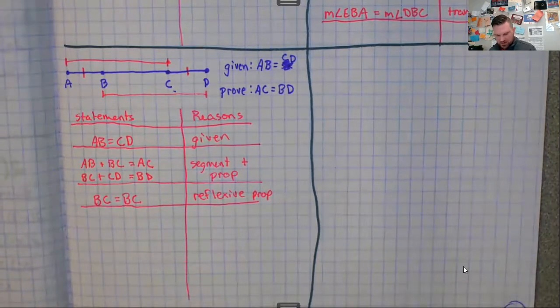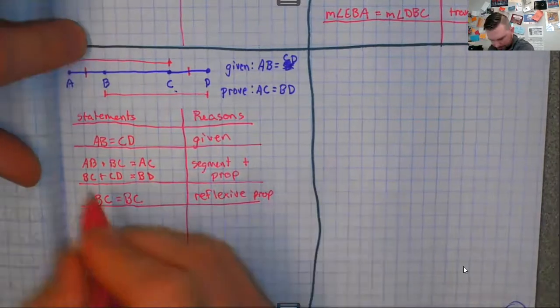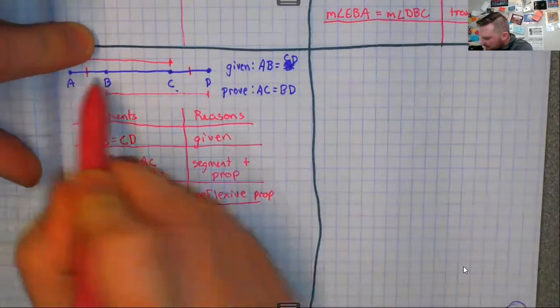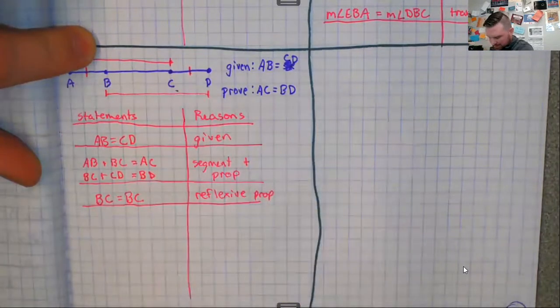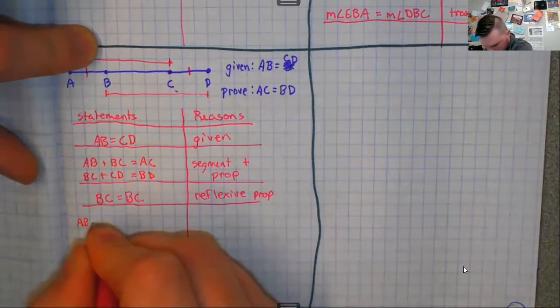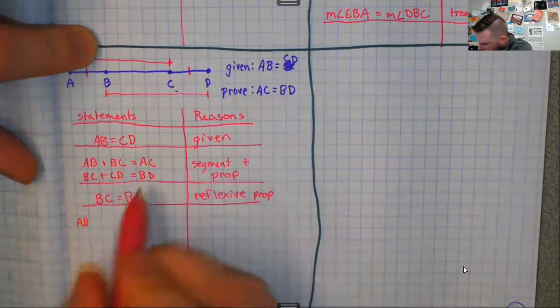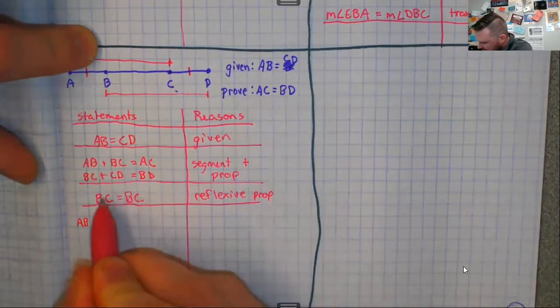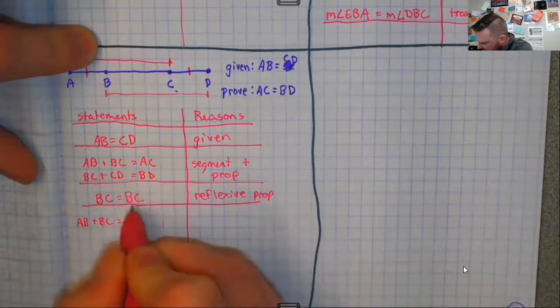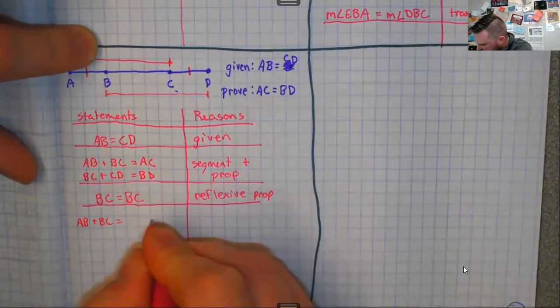Okay, and then what I can do with that is, with the fact that this AB and CD are equal, I can say that AB... I'm using this right here. So BC equals BC, so we'll put BC here.